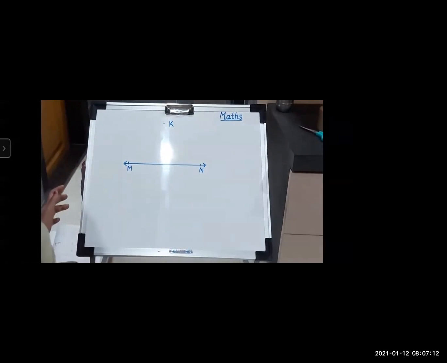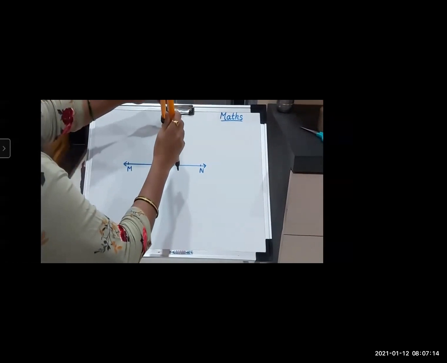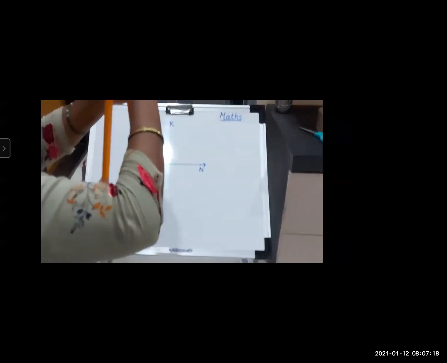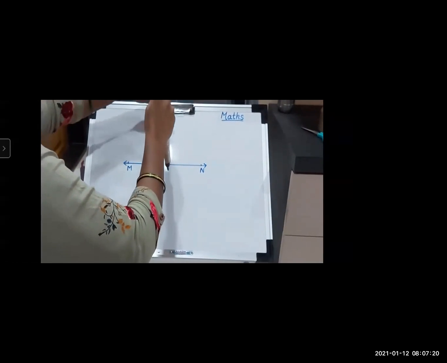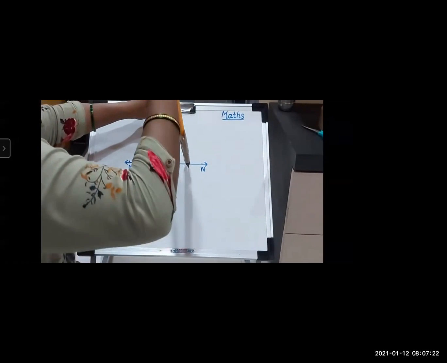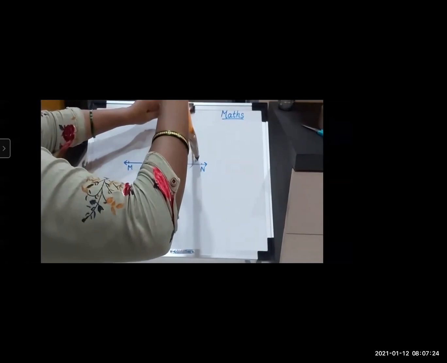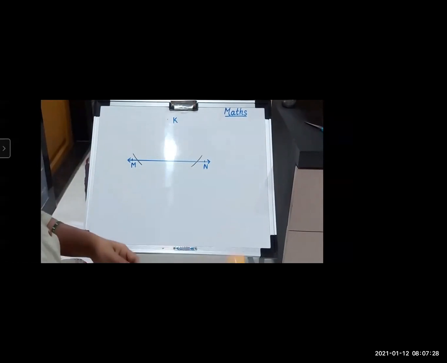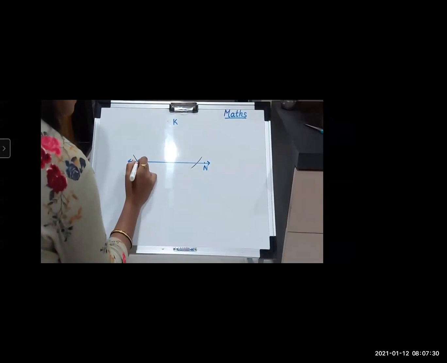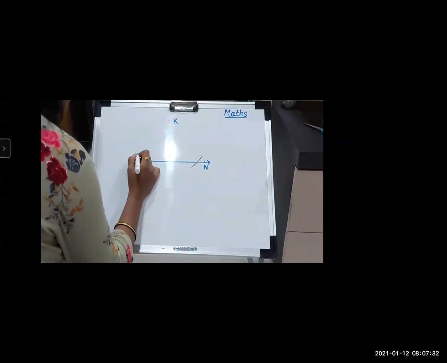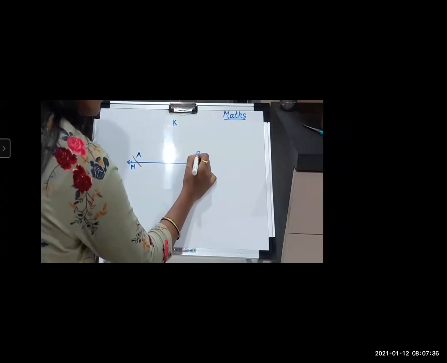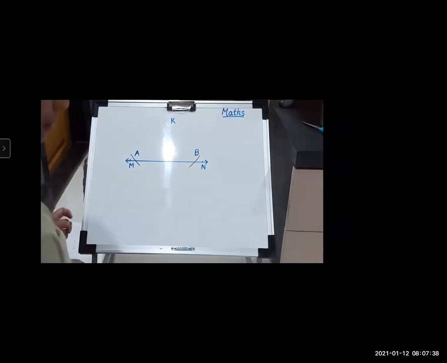Let's name that point K. Now I'll take the compass and, keeping the pointer on the point K, take some distance and draw two arcs on the line MN. Keep in mind that the arm's distance should not change. Now the points of intersection of the arcs, I will name them A and B.